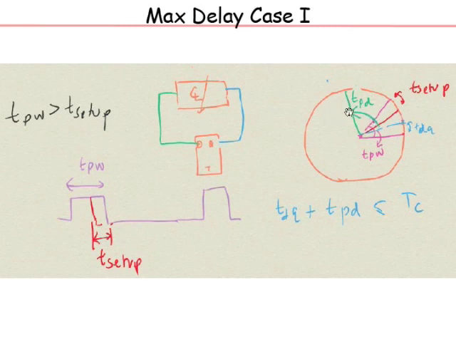Now how much can we increase TPD and still have everything work properly? I can increase TPD till I come here. This green line has to come back and fall on this horizontal purple line. That means TPD plus TDQ can be at most the clock period in this kind of setup.